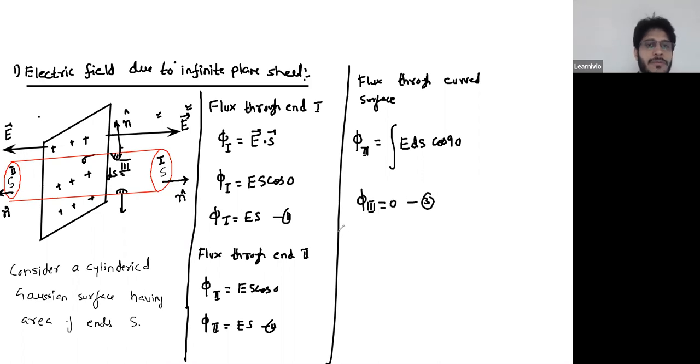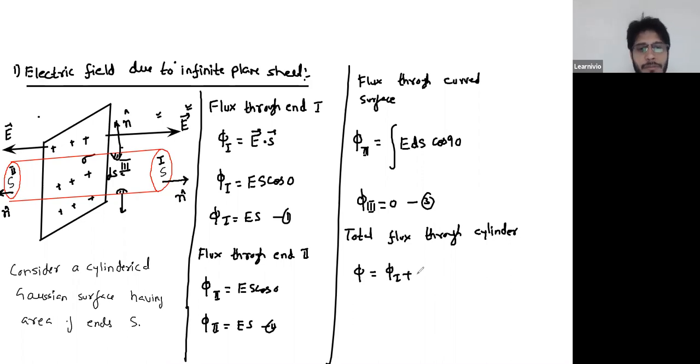That's the equation. So we can calculate the total flux through the cylinder. The total flux through the cylinder is phi 1 plus phi 2 plus phi 3. Phi 1 is ES, phi 2 is ES, phi 3 is 0.